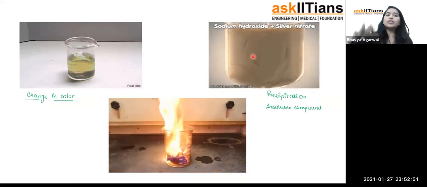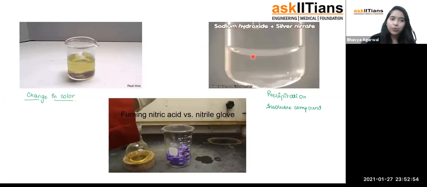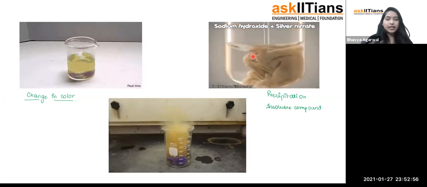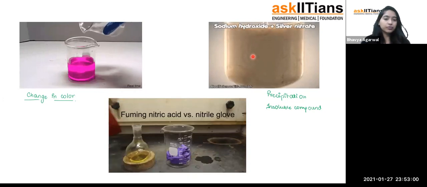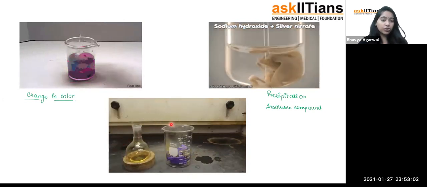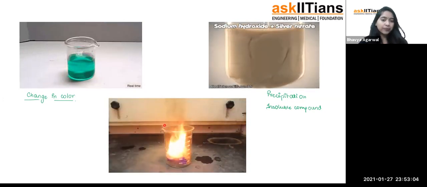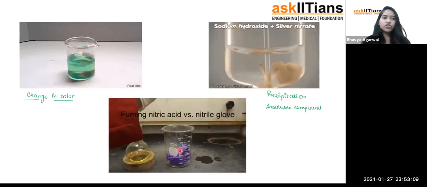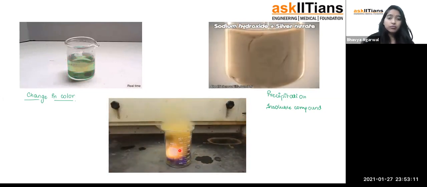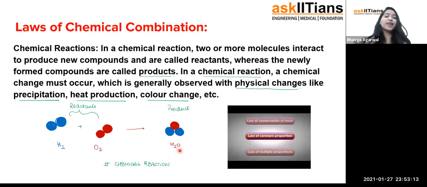And that insoluble substance will after some time settle down. And this settling down of this insoluble substance is known as precipitation reaction. Over here, if you'll see, this is evolution of a gas and leading to a heat change, completely different change in temperature.